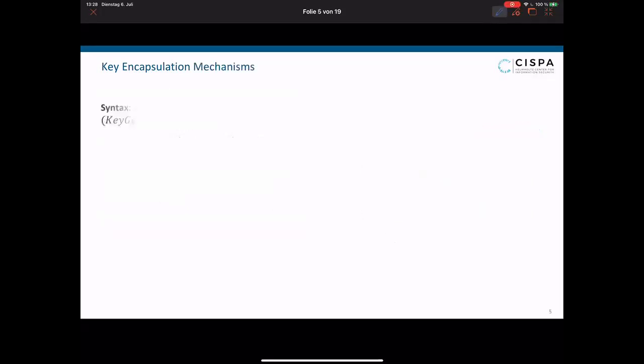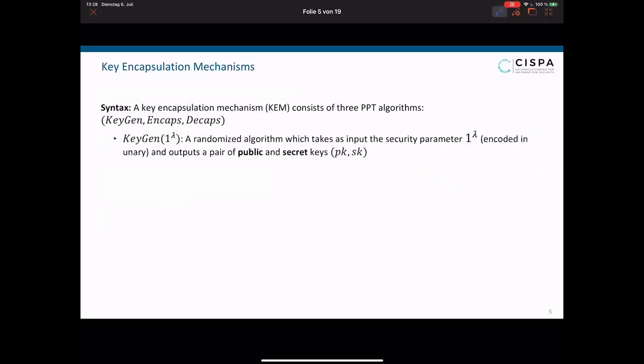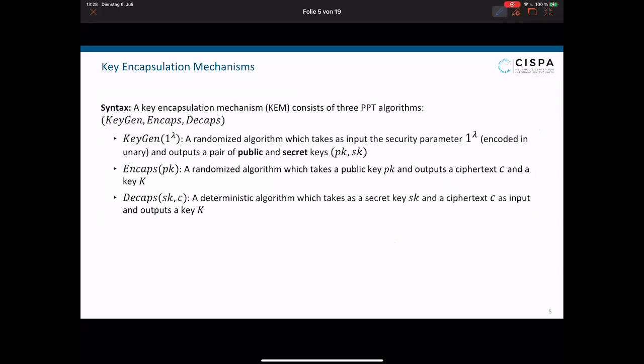Okay, and let's quickly go through the syntax. So a key encapsulation mechanism consists of three PPT algorithms. Keygen is the same as in public key encryption. Encaps now again only takes as input a public key, but outputs a ciphertext C and a key K. Decaps takes the secret key that was generated by keygen and a ciphertext C, and decapsulates this same key K. All right.